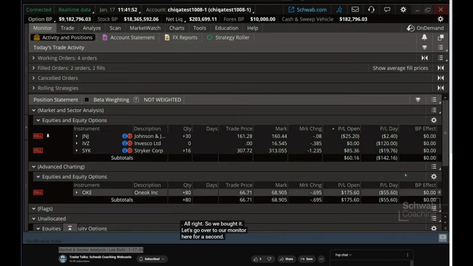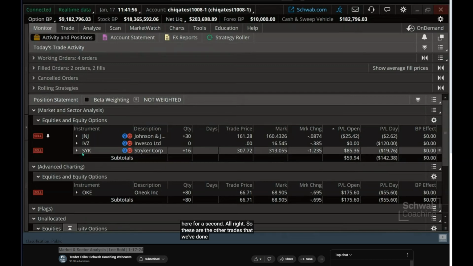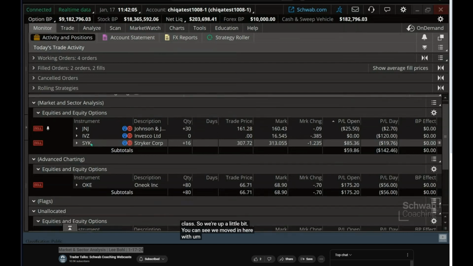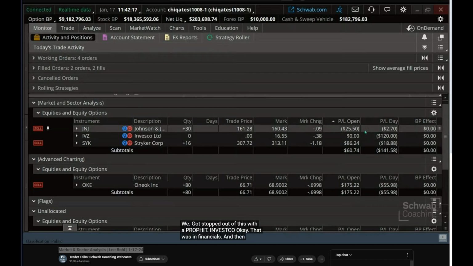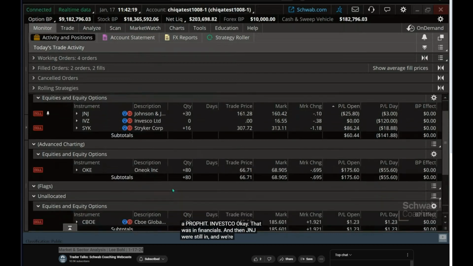All right, so these are the other trades that we've done in this particular class. We're up a little bit. This was healthcare. This was Stryker. We got stopped out of this with a profit in Vesco. That was in financials. And then J&J, we're still in and we're basically even on that one.